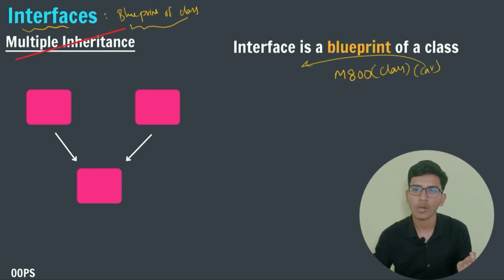A car should have around 4 tires, seats for 4 or more people, a driver seat, and it should move. So these are the functions of a car. The interface describes the blueprint of my Maruti 800 car.